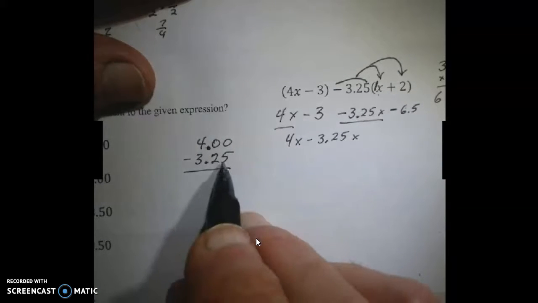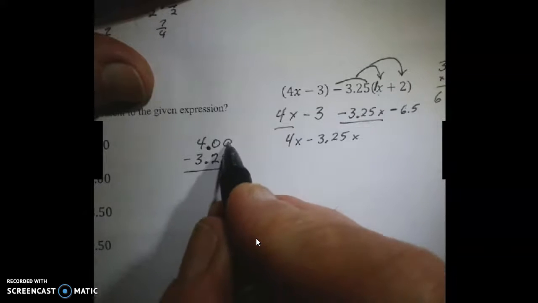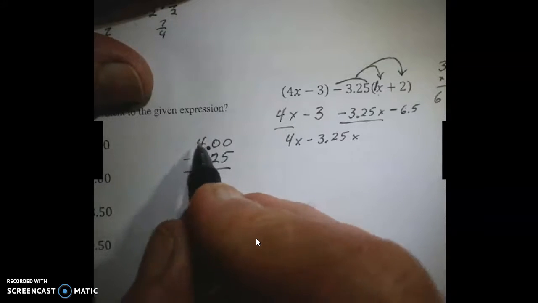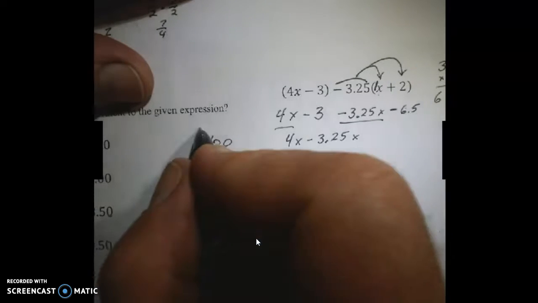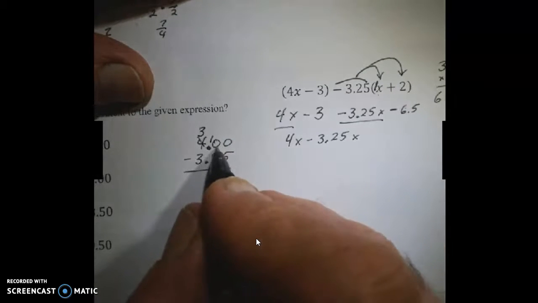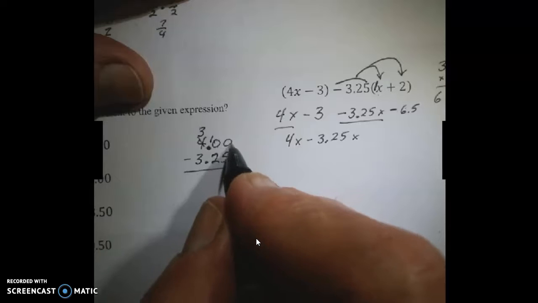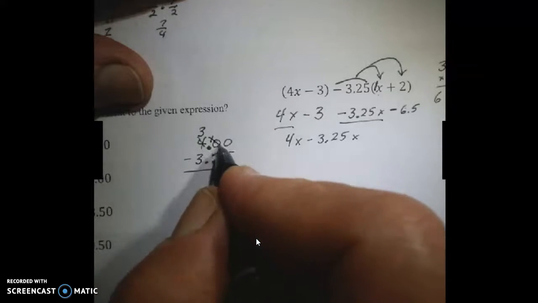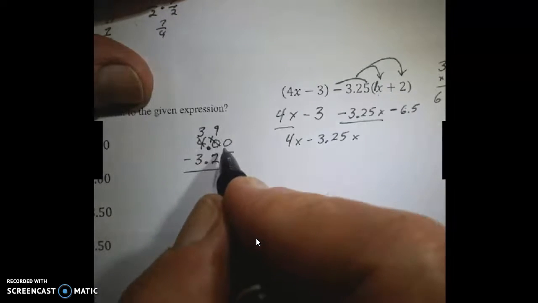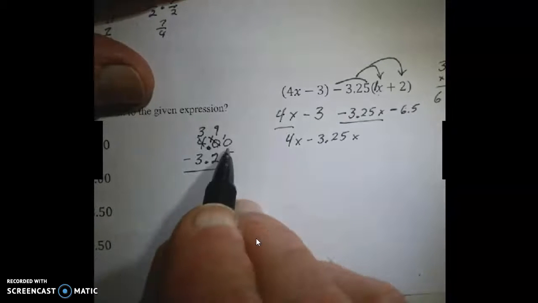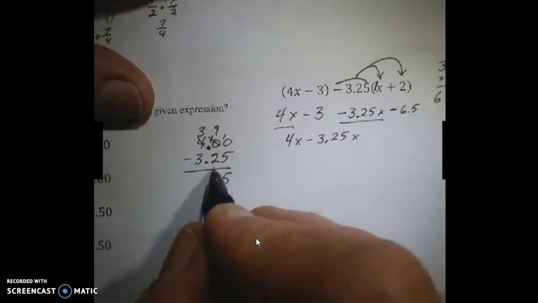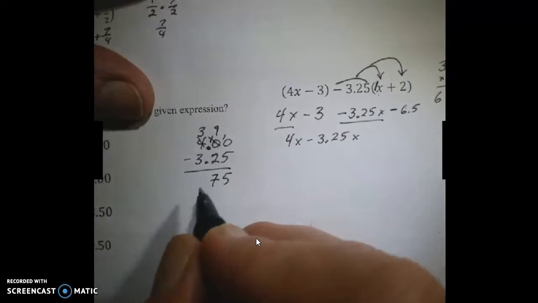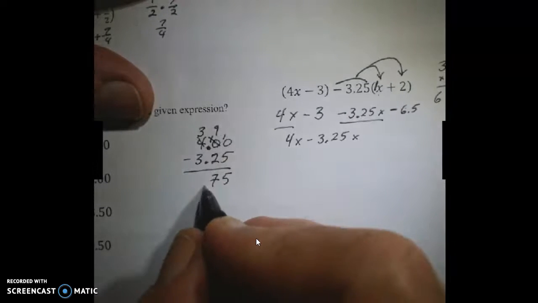You're going to have to borrow from that 4. You can't subtract 5 from 0, so you borrow from the 4. That'll make this column a 10, and that'll be a 3. But you're wanting to get a number over here, so you have to borrow from that. That becomes a 9, and now our hundredths column is a 10. 5 from 10 is 5. 2 from 9 is 7. 3 from 3 is 0.